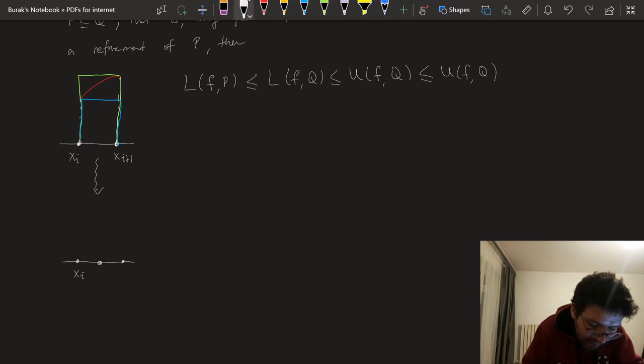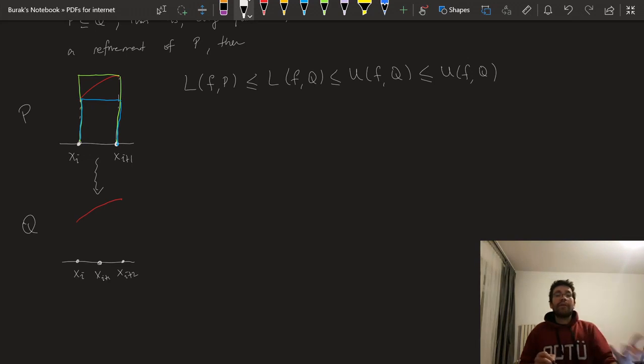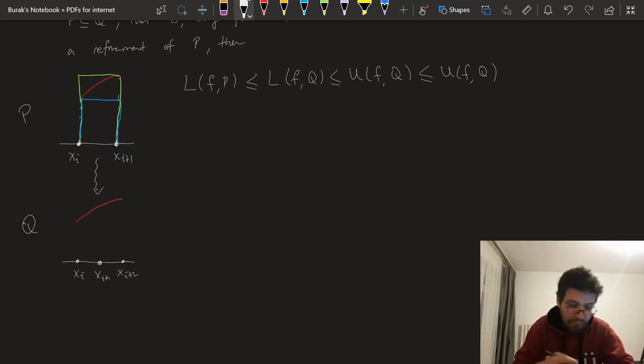In that case, this is going to be your x_{i+1}. This is going to be your x_{i+2}. And let me draw the exact same function over here. So pretend that with the partition P this is the case, and you have a refinement. Refinement means that you possibly have more points. You don't have to have more points in this interval, but pretend that you put one more point in this interval.